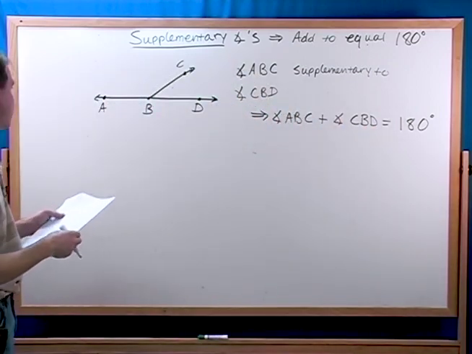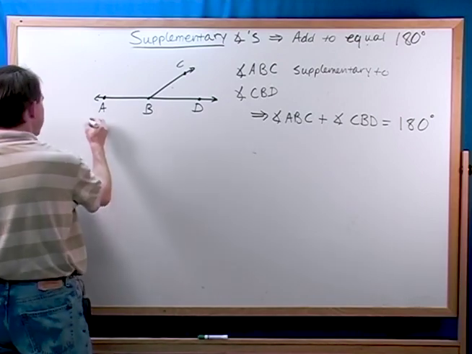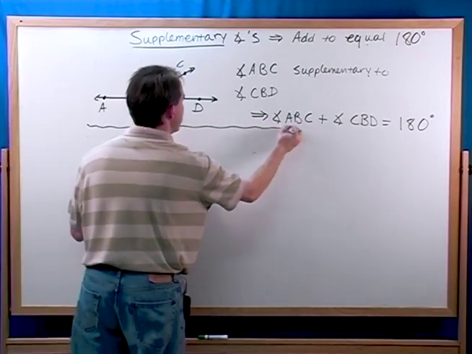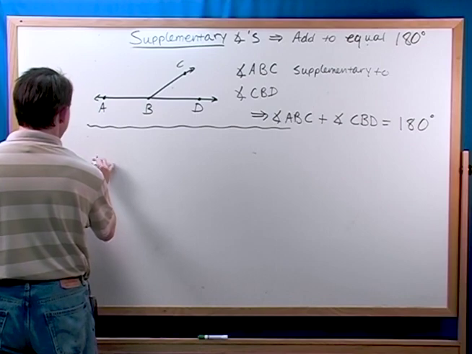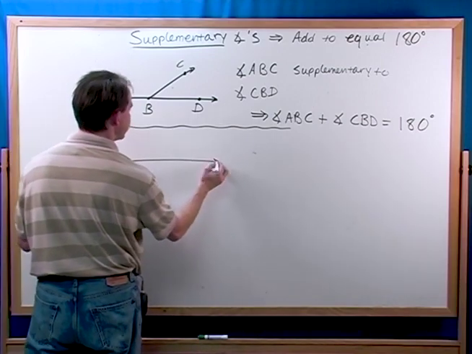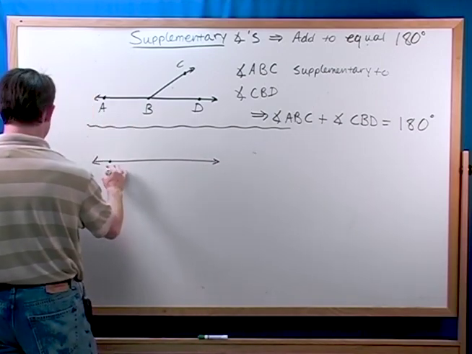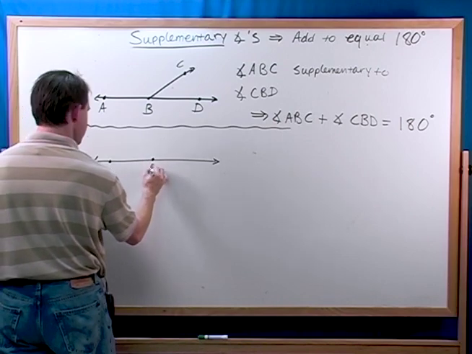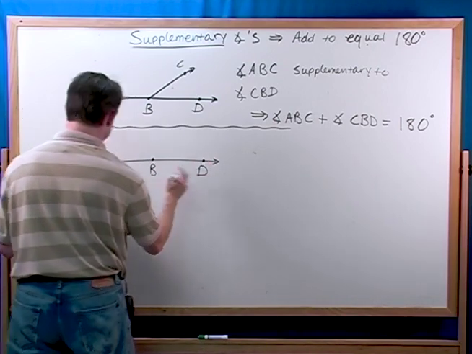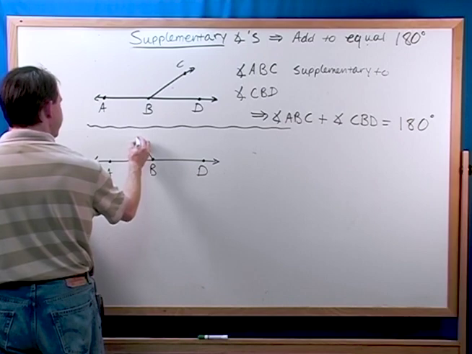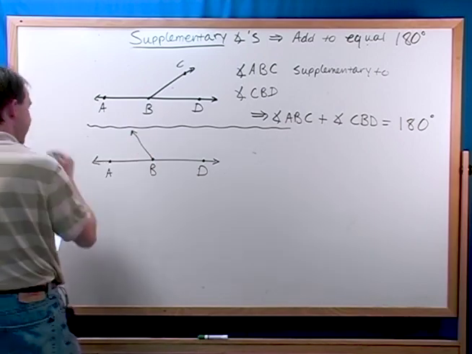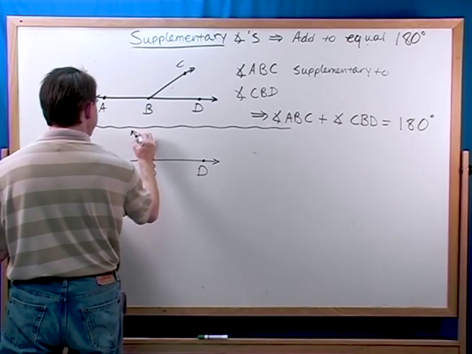So if you wanted to do some problems, we would have something like this. Again, let's draw a straight angle like this. And let's say you have A, B, and let's say you had D, and let's say you split it this way, like that. Put point C up here.